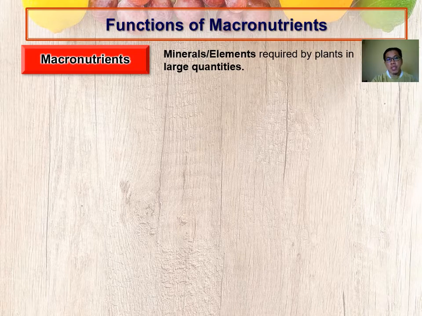Which means if the macronutrients are lacking in number, it might be harmful or give a bad effect to the plant itself. Jika salah satu daripada makronutrien ini diambil dalam jumlah yang tidak mencukupi, ia mungkin menyebabkan kesan sampingan yang buruk kepada tumbuhan itu.